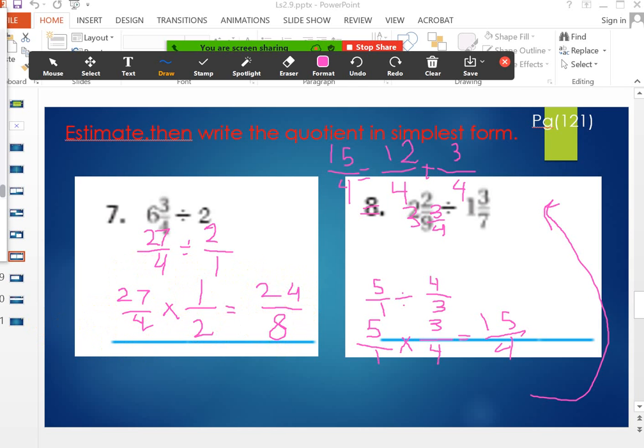Now I want you to focus with me. Who asked me? Johara. Okay, how to write it as a fraction or mixed number. 24 over 8. I want to break this number into two fractions because the numerator is greater than the denominator. So two fractions with the same denominator, 8 and 8.